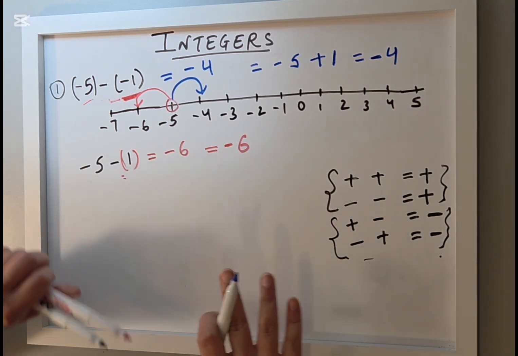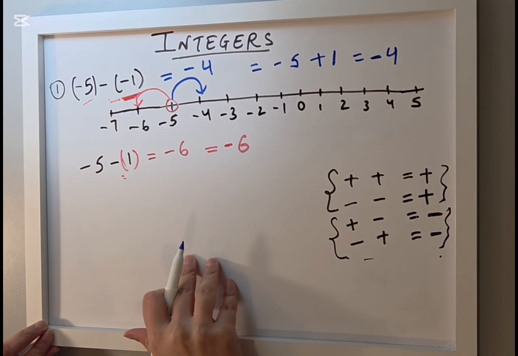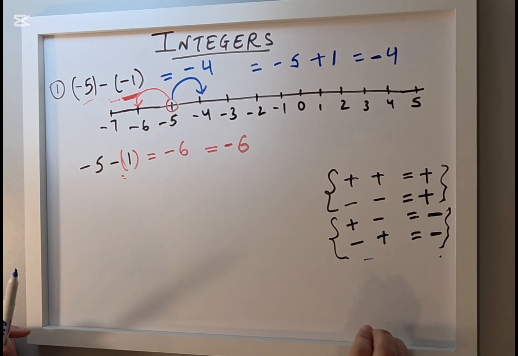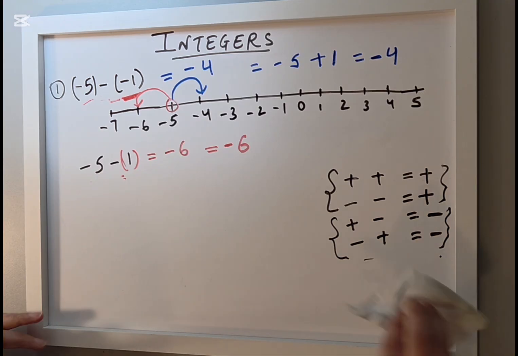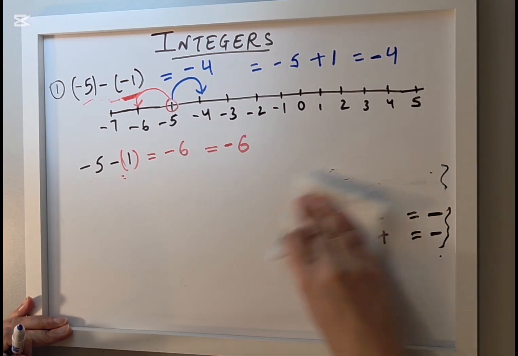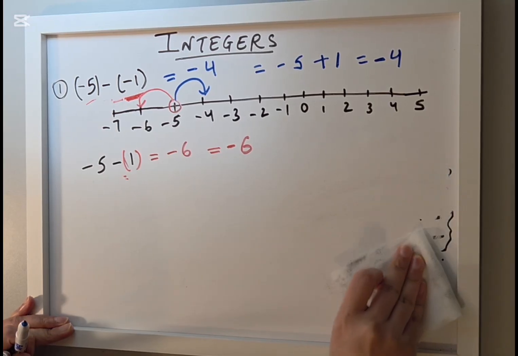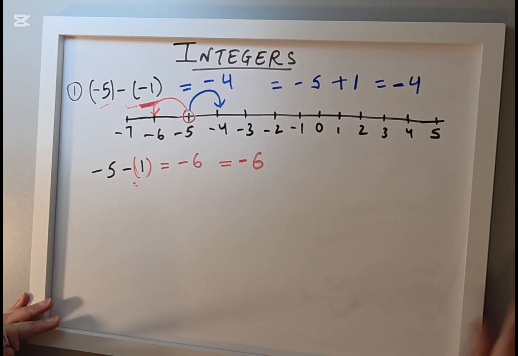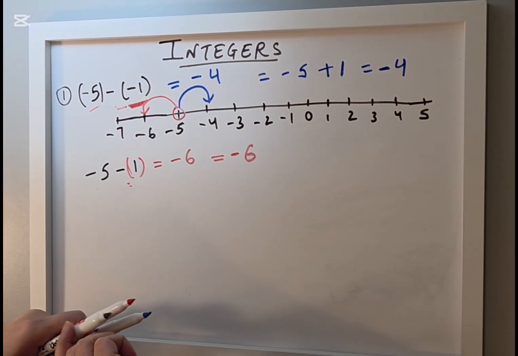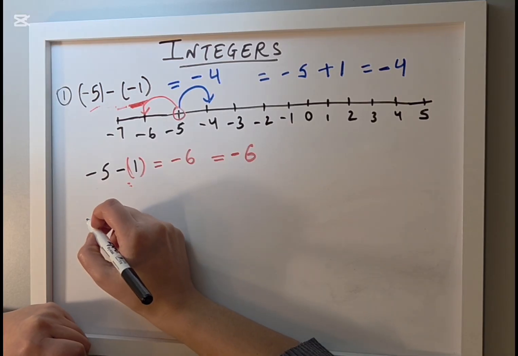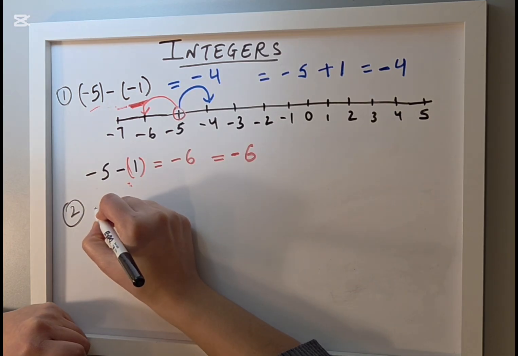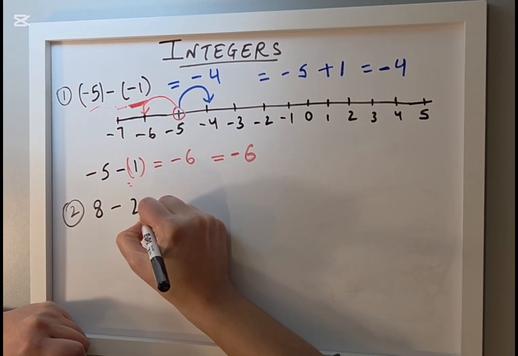Okay, so we've tried to learn how we are solving with the number line and how we are solving with the rules. Let's try to do another example. The other example, let me take 8 minus 2.